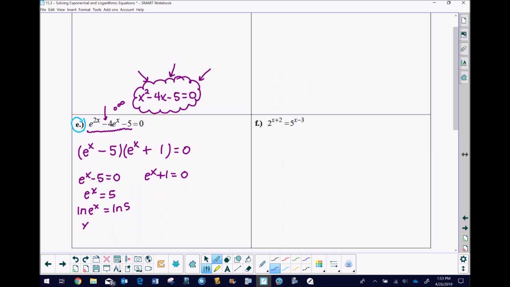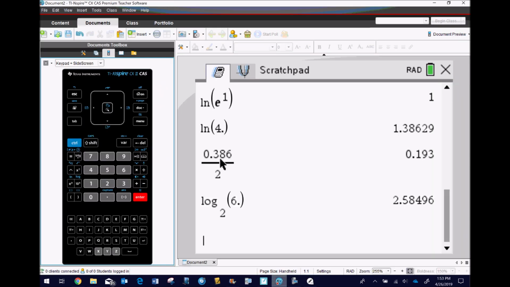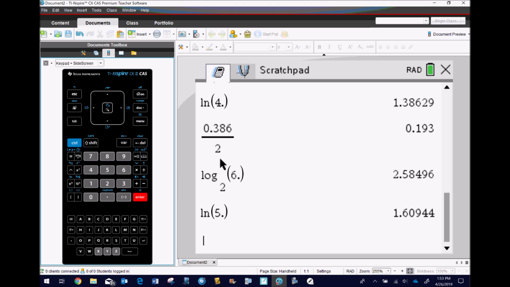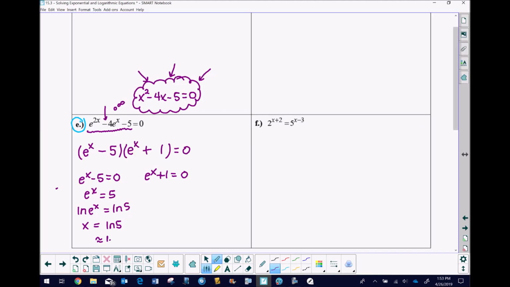X pops out in front. Ln of e is just 1, right? I think I've shown you that a moment ago. And the answer is x equals ln of 5. Now, honestly, you could leave it like that, but if you wanted to figure out, okay, what is a decimal for ln of 5, since the directions say we're allowed to round to 3 places, 1.609 would work. But normally when you get into more advanced math, you guys, I'm happy if you just leave it like ln of 5.